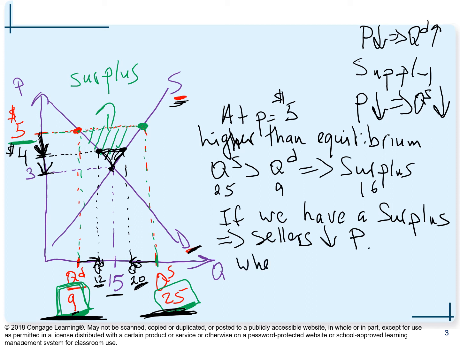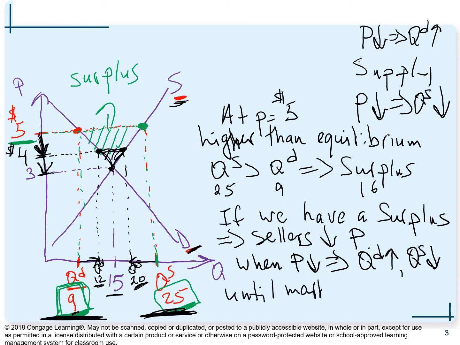And when price is decreasing, then quantity demanded is going to increase. Quantity supplied, remember, is going to decrease until the market is in equilibrium again. So I want you to understand it and know it for the test.